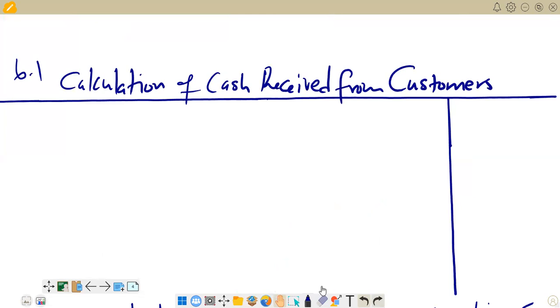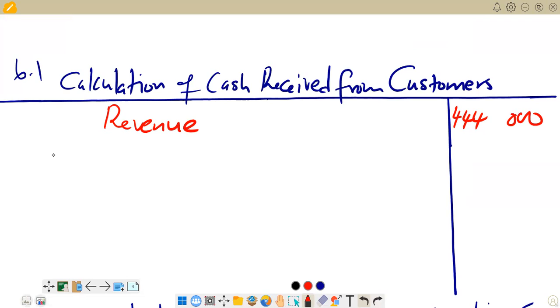So if you come here now, this is the calculation of cash received from customers. Then we are going to start with revenue. The figure for revenue is 444,000.